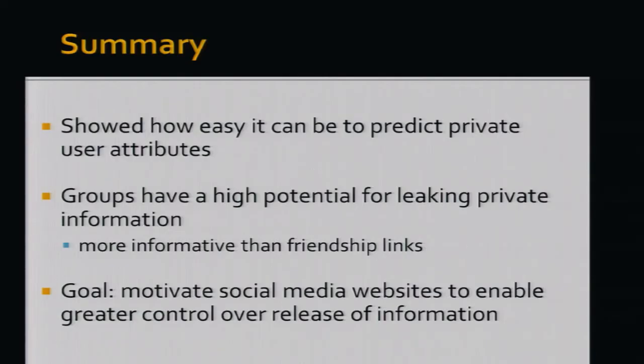And so our motivation here was, we need to tell the social network sites to allow finer grained control. And then we also had, maybe it was kind of a naive strategy, but a strategy where, okay, if you want to hide this information, join a bunch of really heterogeneous groups, and that will confuse people.